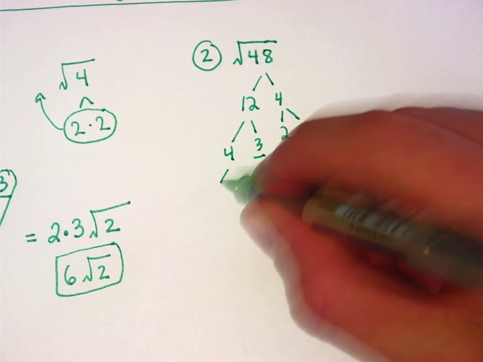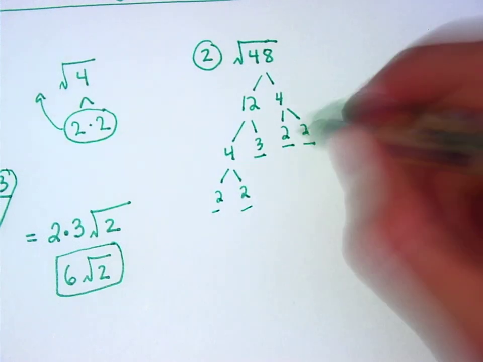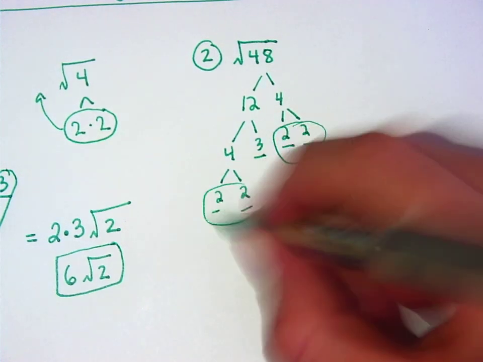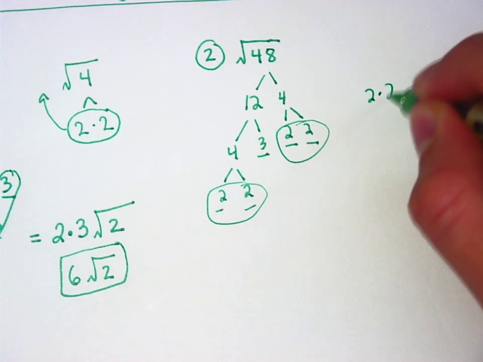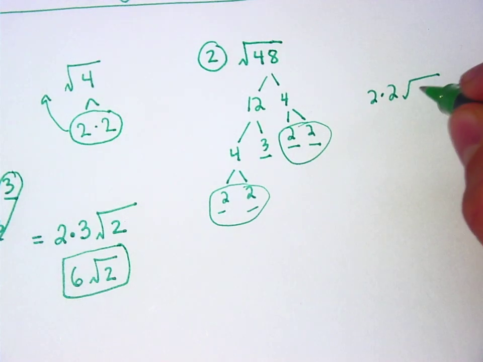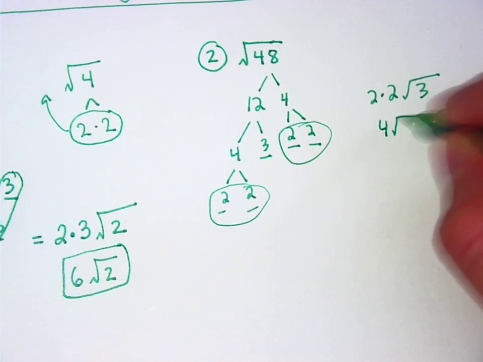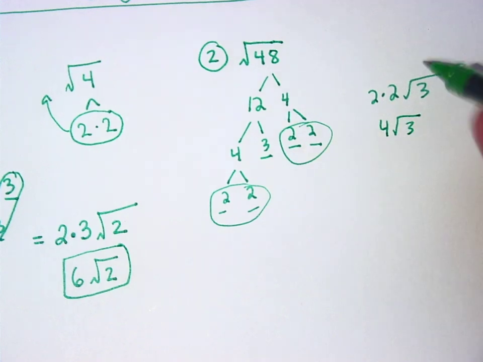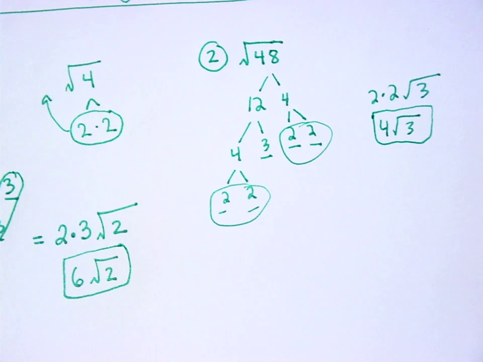And that 4 goes into 2 2s. So then you have a pair of 2s, so 2 times 2. And then the square root of 3 because it's alone. And you multiply the 2 and you get 4. So that's about it.